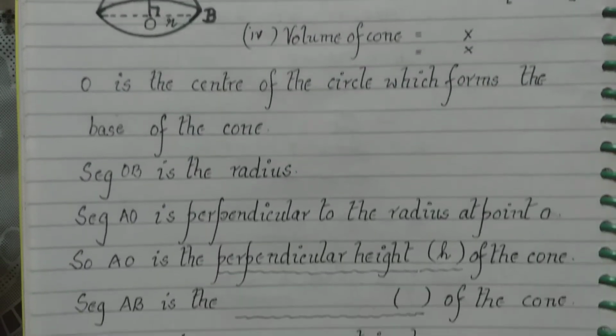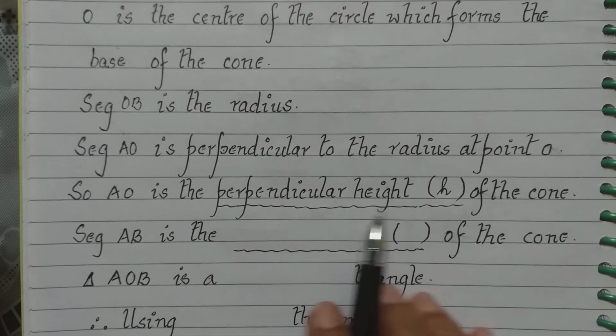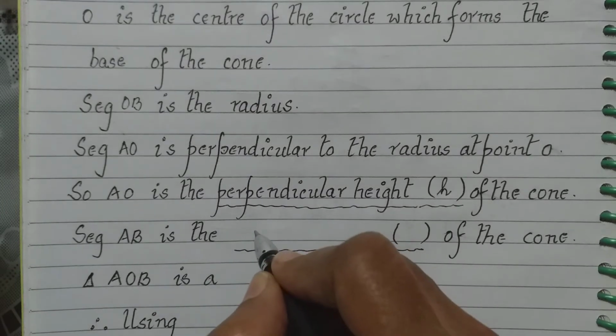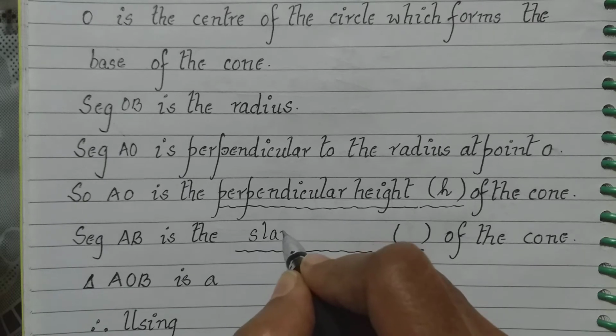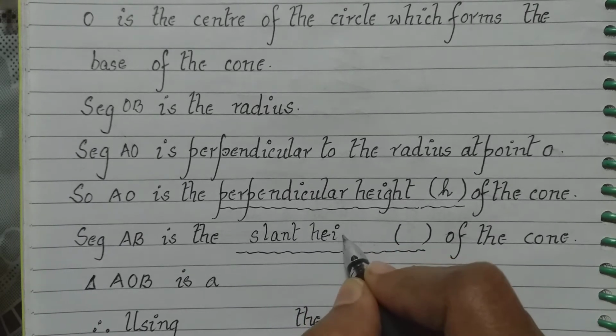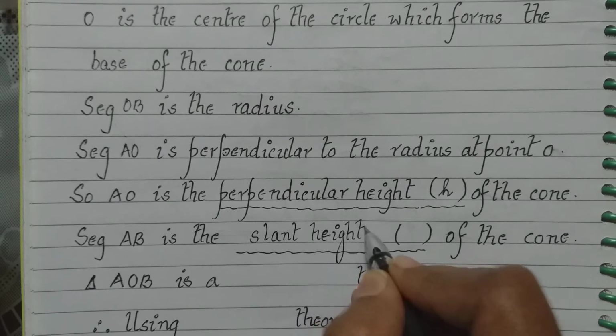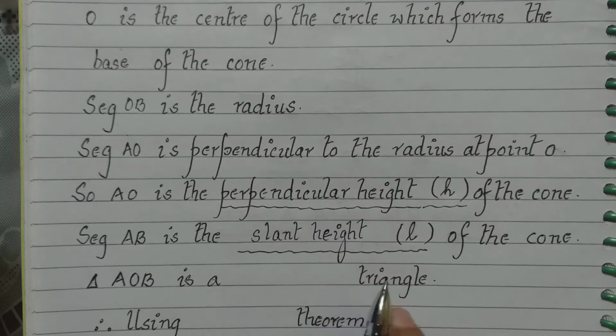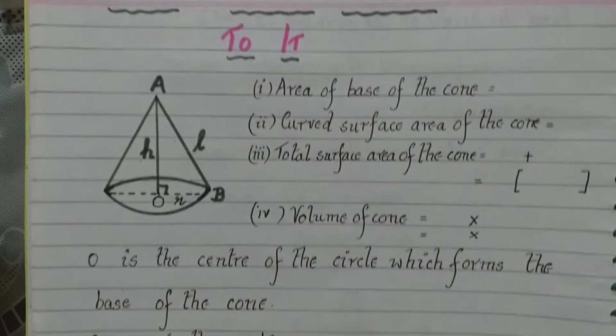That means there is one more height, as I told you, called the slant height. So segment AB is called the slant height, which is represented as L of the cone.